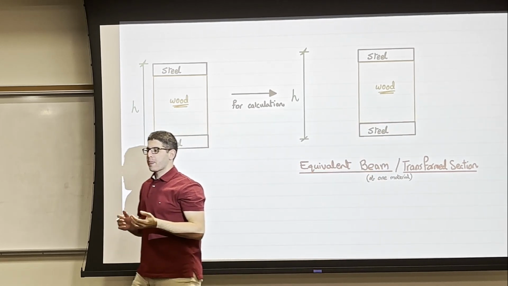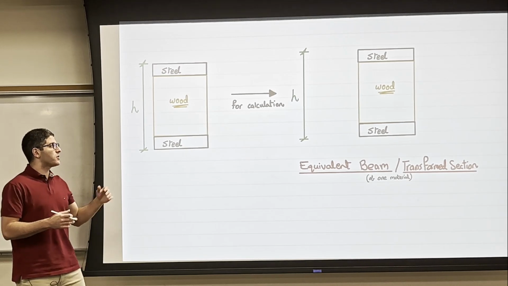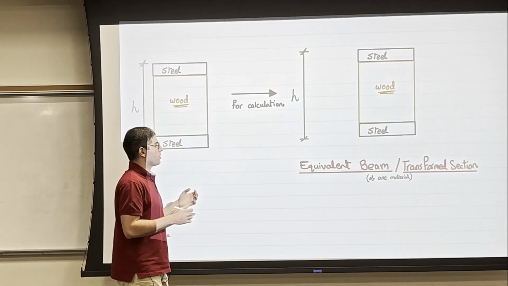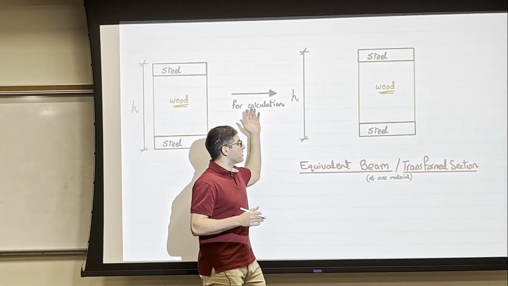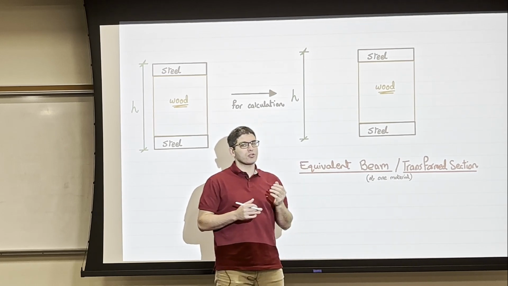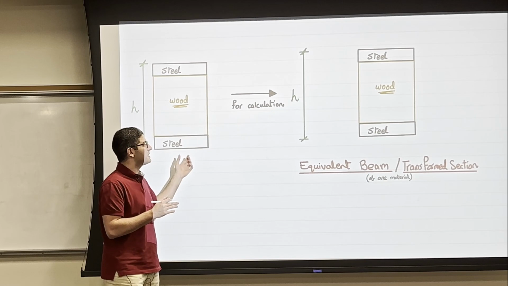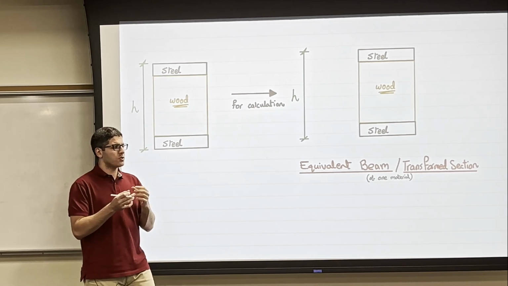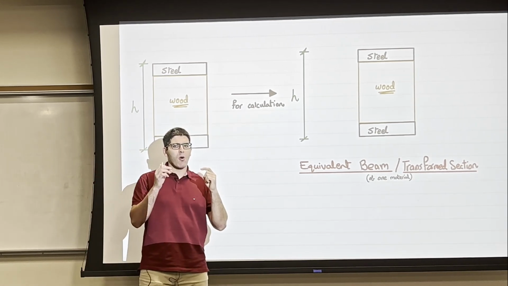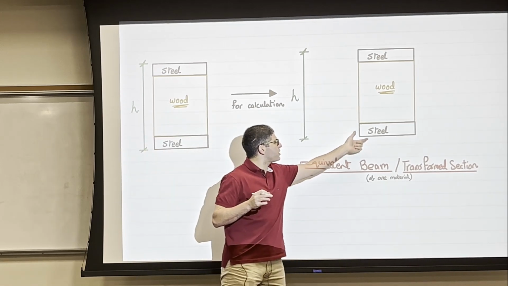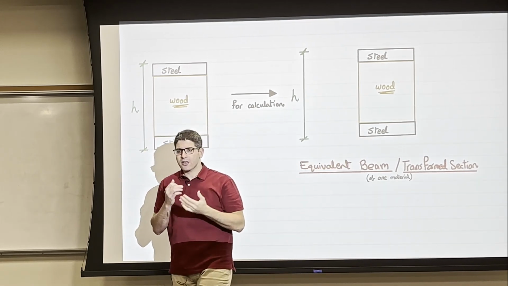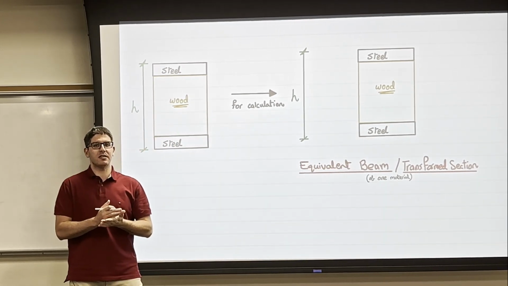But I can't convert the steel to wood randomly. Here comes the transformed section method: what is the amount of wood that I can put here that can replace the steel and also give me the same behavior as the steel?